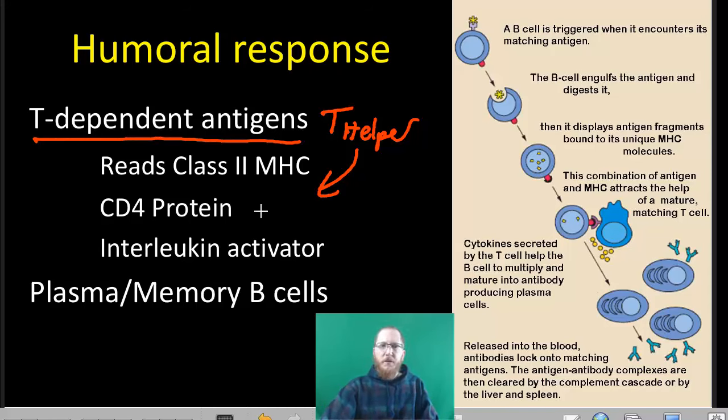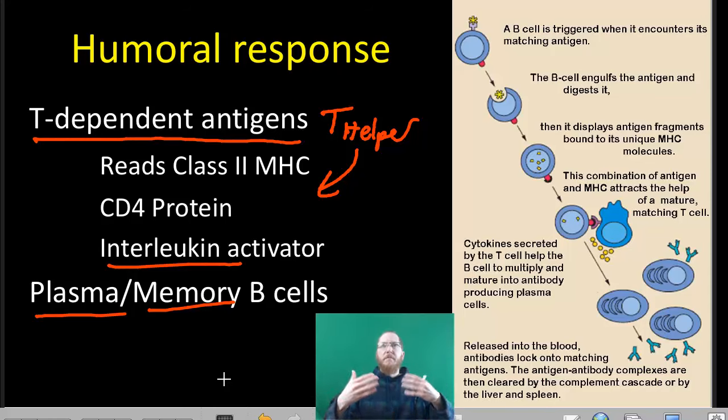And so our B cells, once they're activated by that interleukin we said, will turn into plasma cells. And so these are the workers that actually make antibodies, and then the memory cells that are going to sit around waiting so that they can, in the instance of a secondary infection, be ready to go so we don't have to worry about waiting as long the second time around.